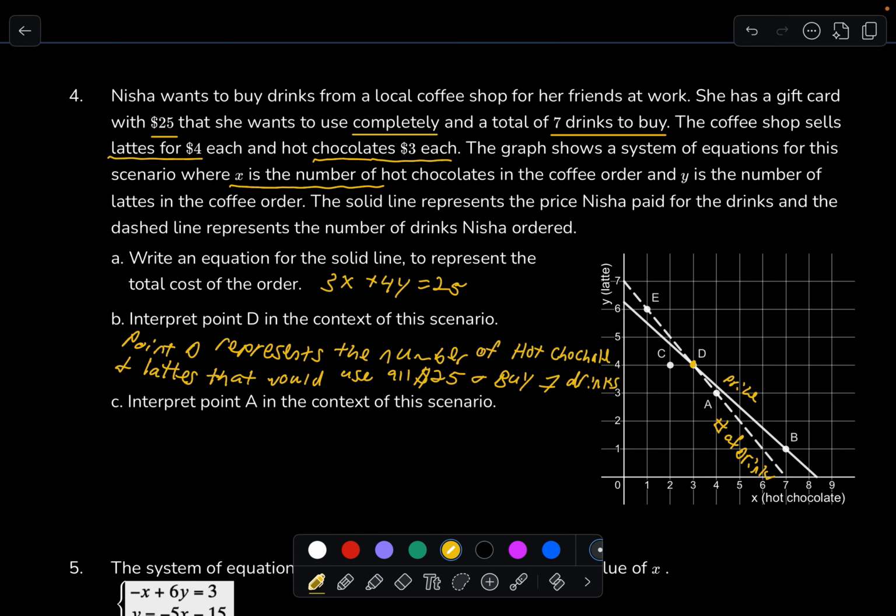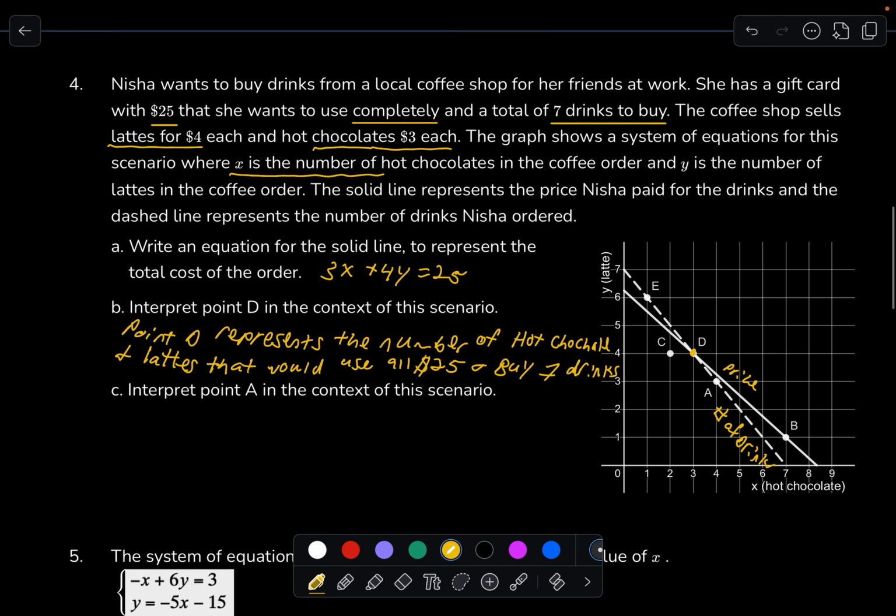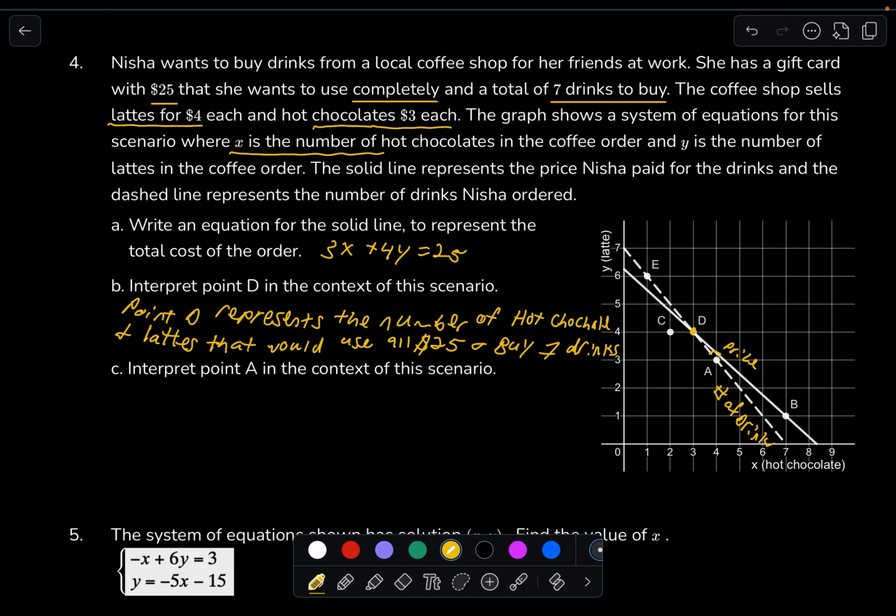Okay, and then interpret point A. Point A is right here, which is solely on the broken line. It's not on the solid line. And the broken line is the number of drinks.